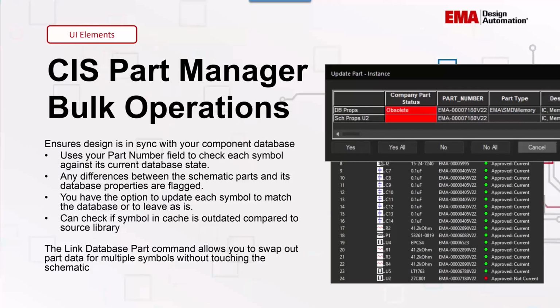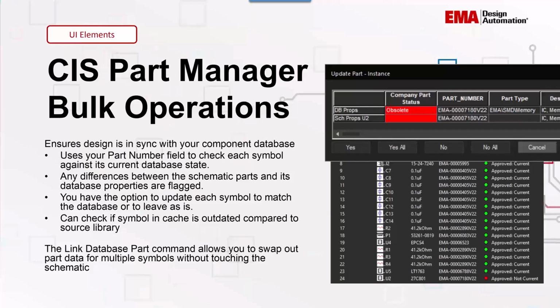You can check for any differences. You can update each symbol to match the database, or just flag the ones in a legacy design that are out of date. And then you can select multiple symbols to update them at the same time in one action to match the database, or swap out for another part altogether.